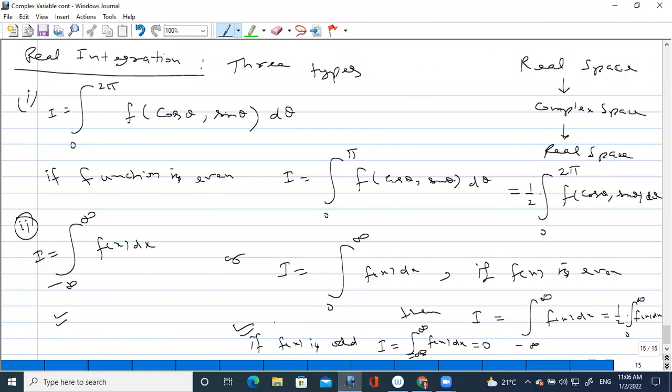That is an important thing. If your function is odd and you are having the integration of this, that will be 0. Understood? That you can use directly. So these are some properties, and these are the real integrals we will utilize here. Okay, so note it down.